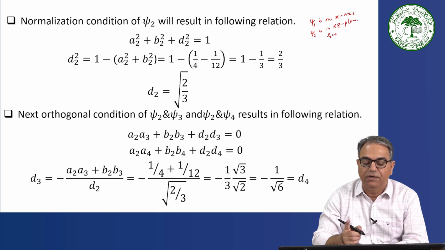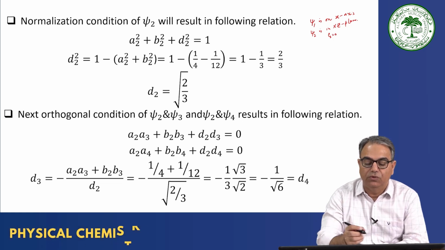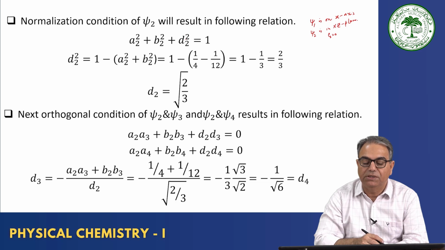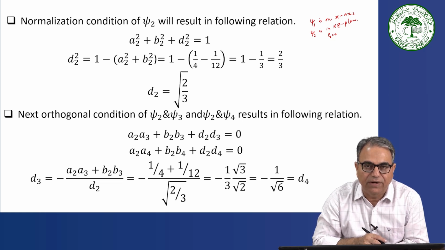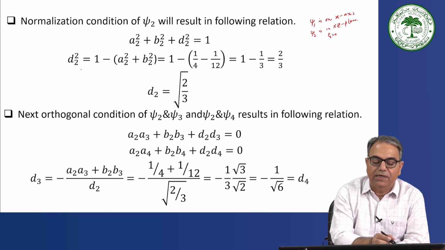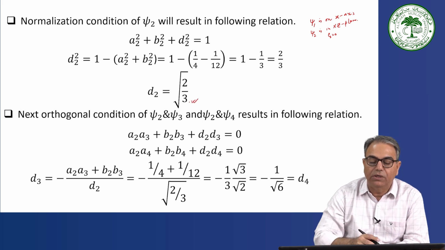So A2 square plus B2 square plus D2 square will be 1 because of the normalization condition. See, all through hybridization, we are simply using the concept of orthogonality and normalization, nothing else, no difficult concept. It's a very simple concept. In the initial lectures, I talked about normalization and orthogonality, and I am using the same concept here in order to find out the coefficients of the hybrid orbital lobes. Okay. So D2 square I can write as 1 minus A2 square plus B2 square, and these values you do have. So finally, D2 comes out to be root under 2 by 3.